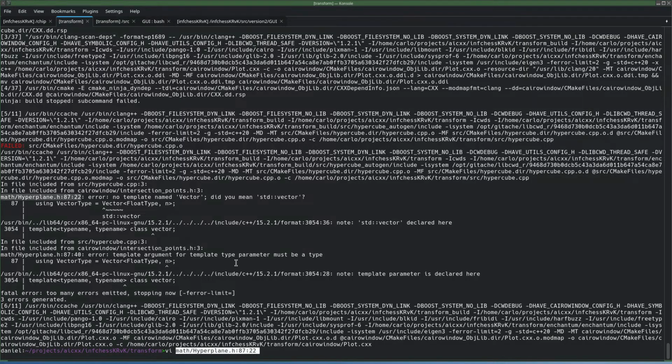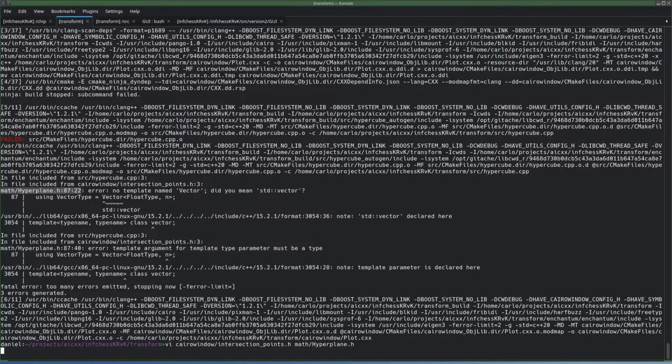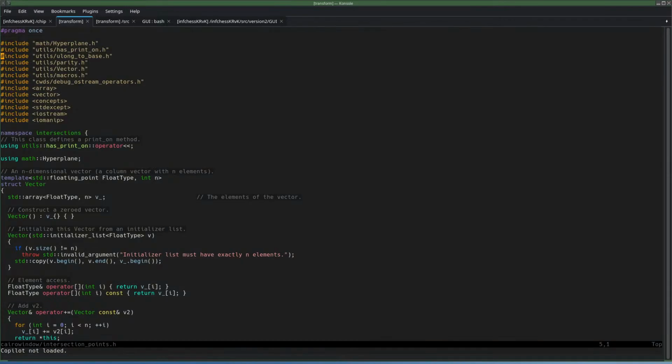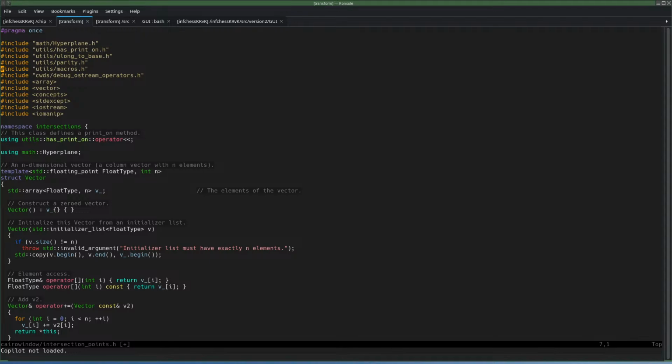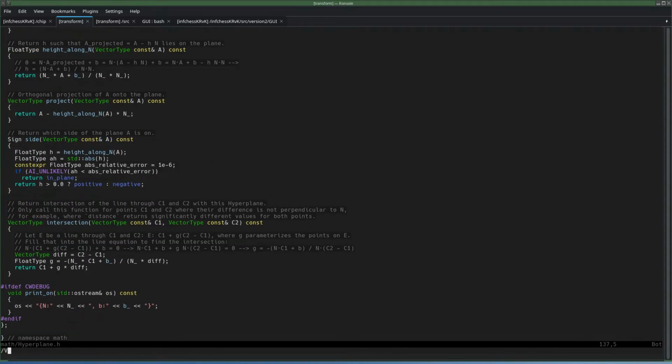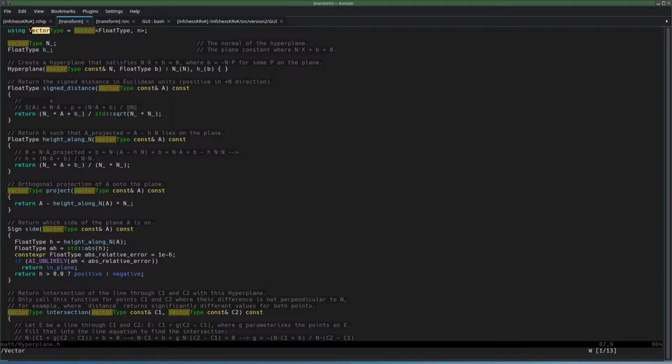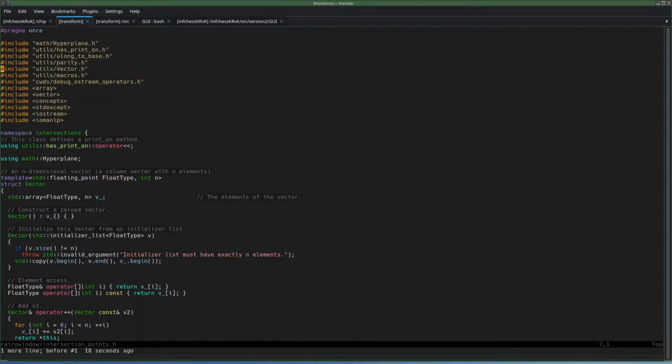Missing header. Huh? Oh, it's missing this vector.